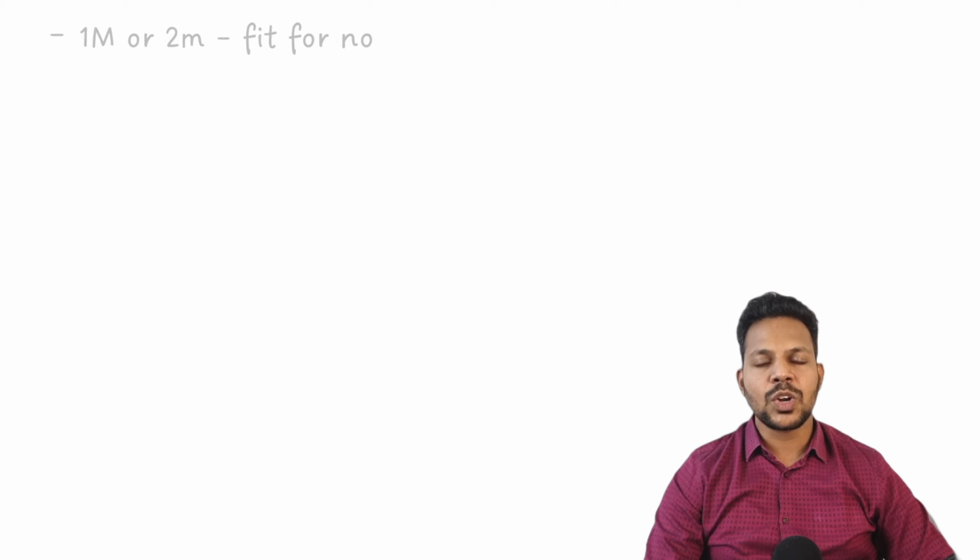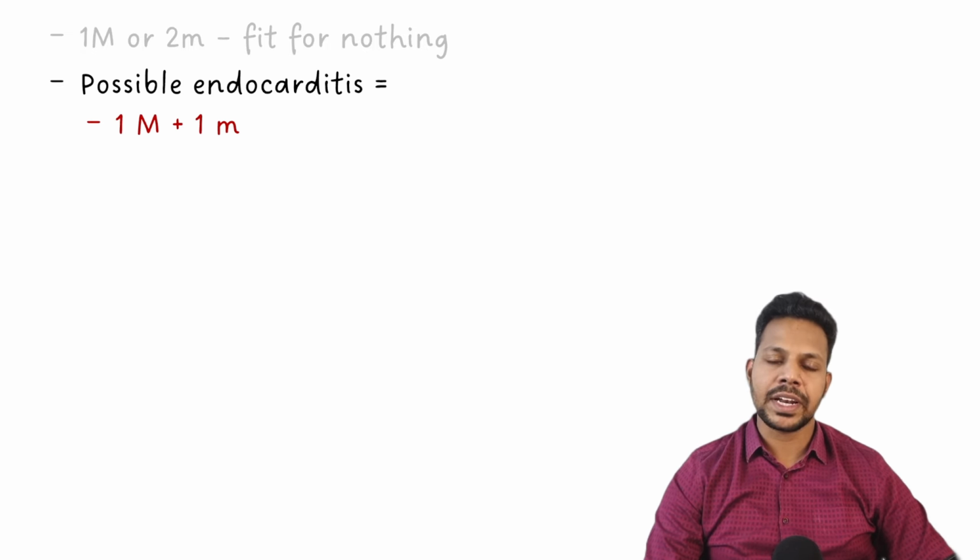But how do we come to the diagnosis based on the major and minor criteria? Firstly, one major or two minor criteria are not useful for diagnosis. So, you can call it as possible endocarditis if the patient has one major and one minor criteria or three minor criteria.